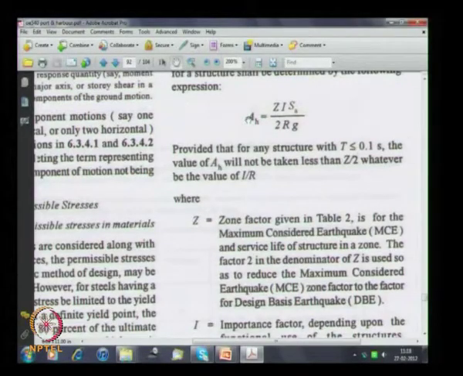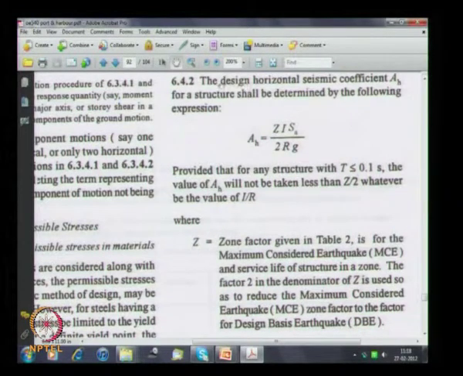So this A_H is called the design horizontal seismic coefficient. Horizontal means in the horizontal direction. What is design? Design means what you use for the design purpose.